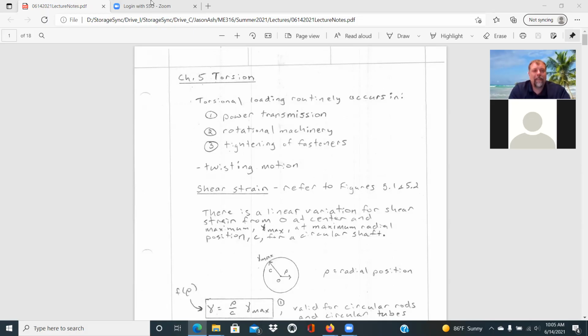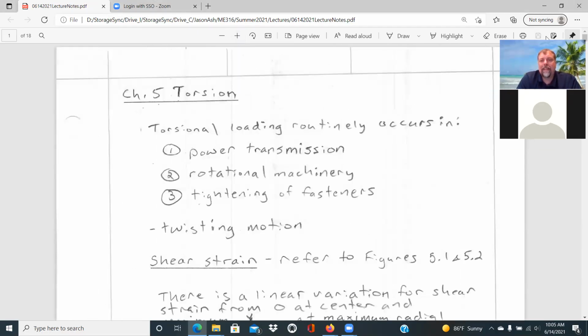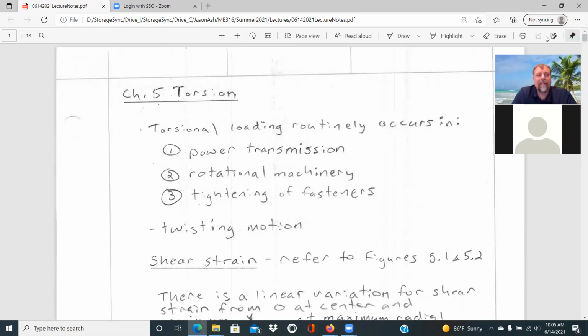This is probably about 2 to 3 days altogether. I think one thing is it does take a little bit longer to lecture in person as opposed to lecturing here via Zoom, where the notes are already up there.